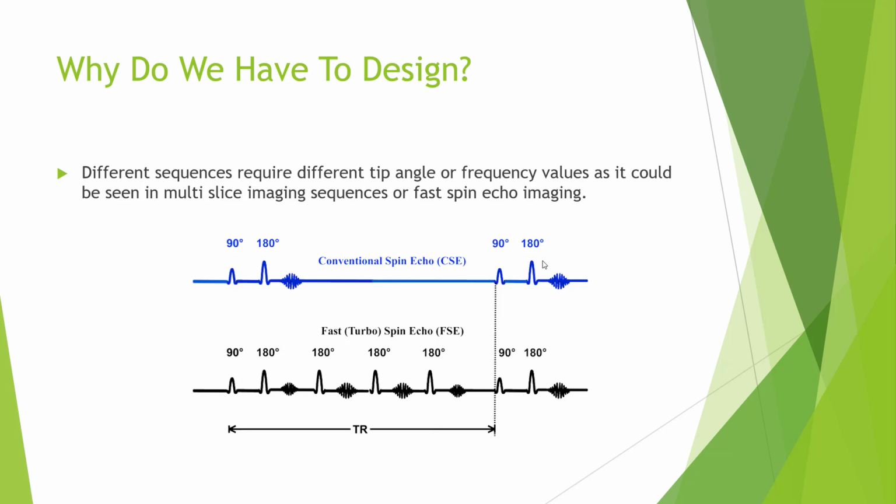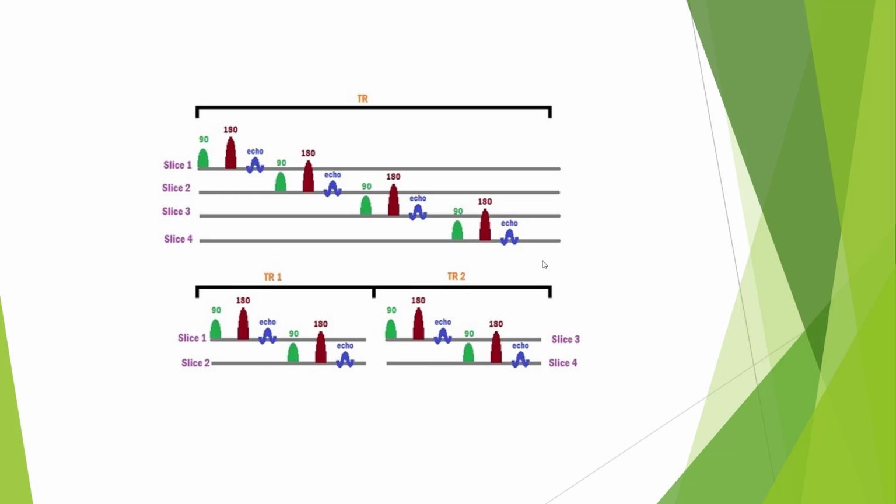For example, in the fast spin echo sequence, the first initial RF pulse has to be 90 degrees, and the following consecutive pulses have to be 180 degrees to obtain the image. And similarly, in multi-slice excitation, there have to be different frequencies for each slice.